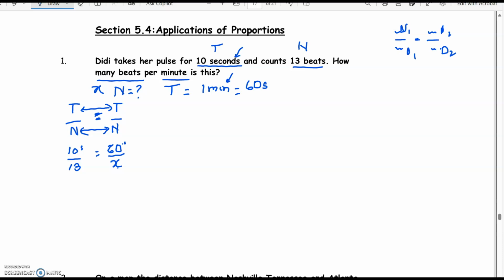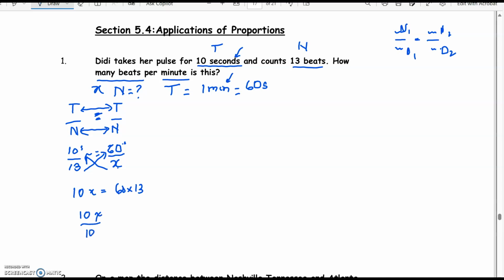Now, once you've set up the equation correctly, just double check before you proceed to solve the equation. So we solve by cross multiplication. So we're going to say 10x equals 60 times 13. That's what we get when we cross multiply. Now remember, we have to get x by itself.